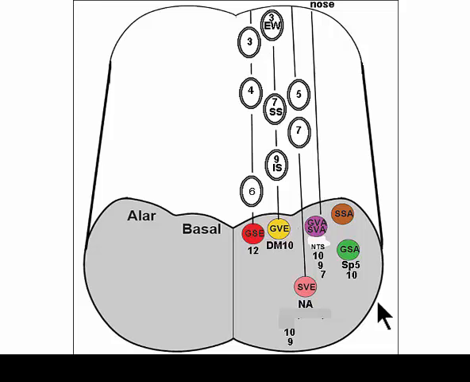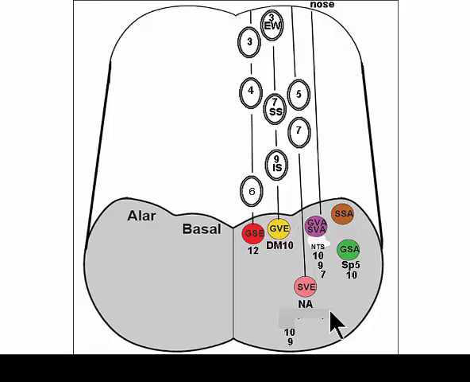It's used by the vagus. It's named the spinal tract of 5. And remember, I told you GSA is going to be the mesencephalic. We can lump them all together here. The mesencephalic, the principal, and the spinal tract of 5 are all GSA.